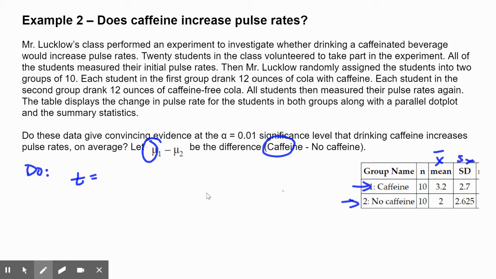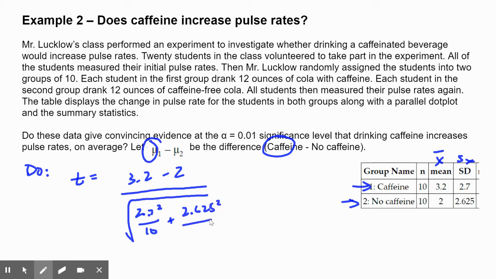So we're going to do 3.2 minus 2 over a big square root of 2.7 squared divided by 10 plus 2.625 squared divided by 10. And this will get us our T star value, and we're going to round that to 3 decimals. So let's go do that now.